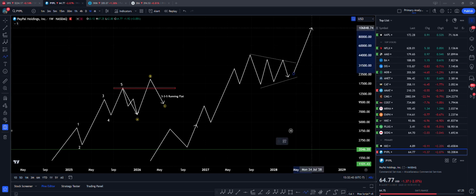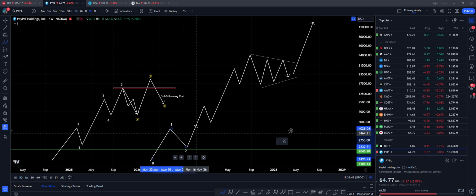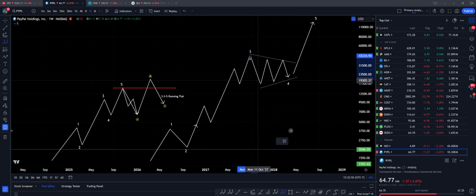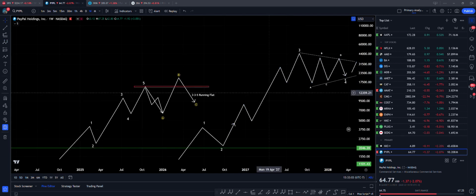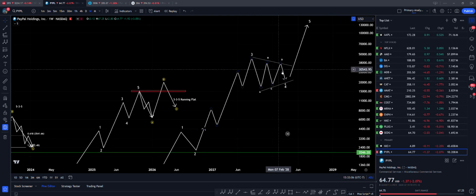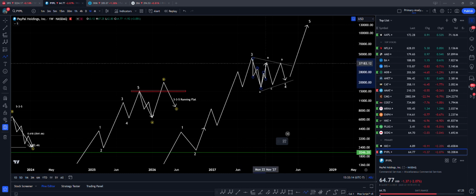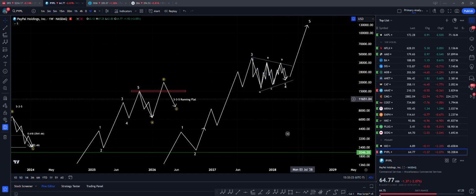And this is how it goes, right? So the way you will mark it is 1 2 3 4 5, and these will be called A B C D E, right? So this corrective pattern has five legs in it, and each leg has three waves in it. So it goes just like this, right?